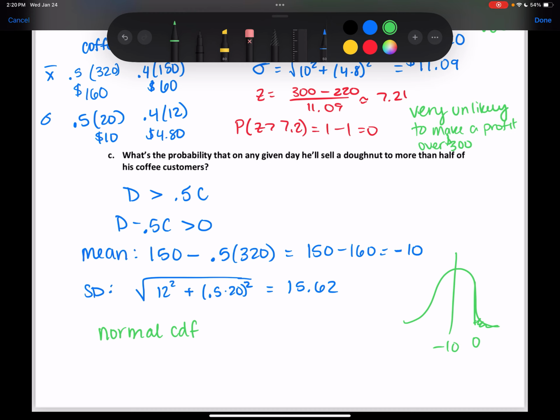So when we put this in, it's going to be 0 to 1E99, and then the mean -10, and then 15.62, and we get 0.26. So basically there's a 26% chance of that.